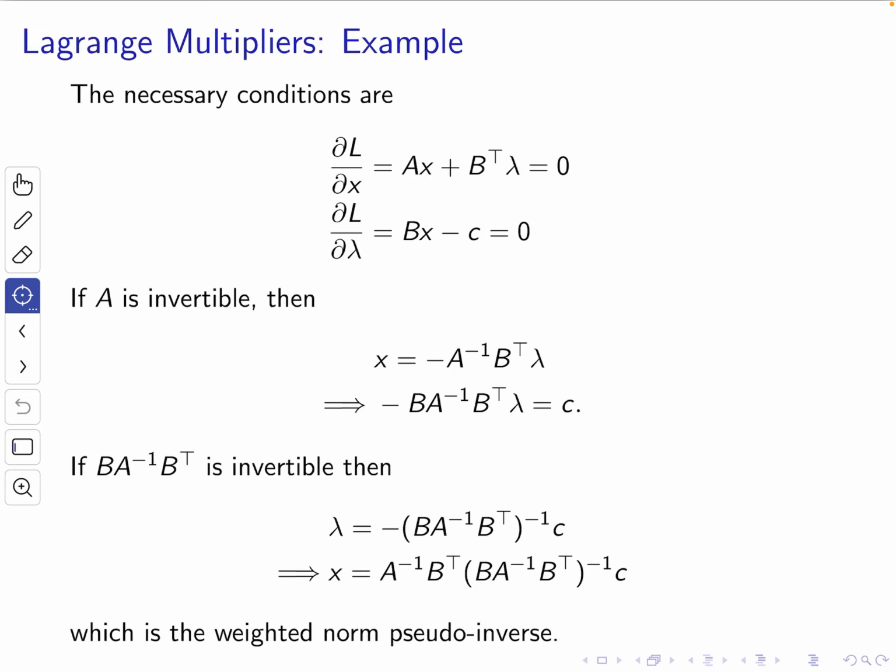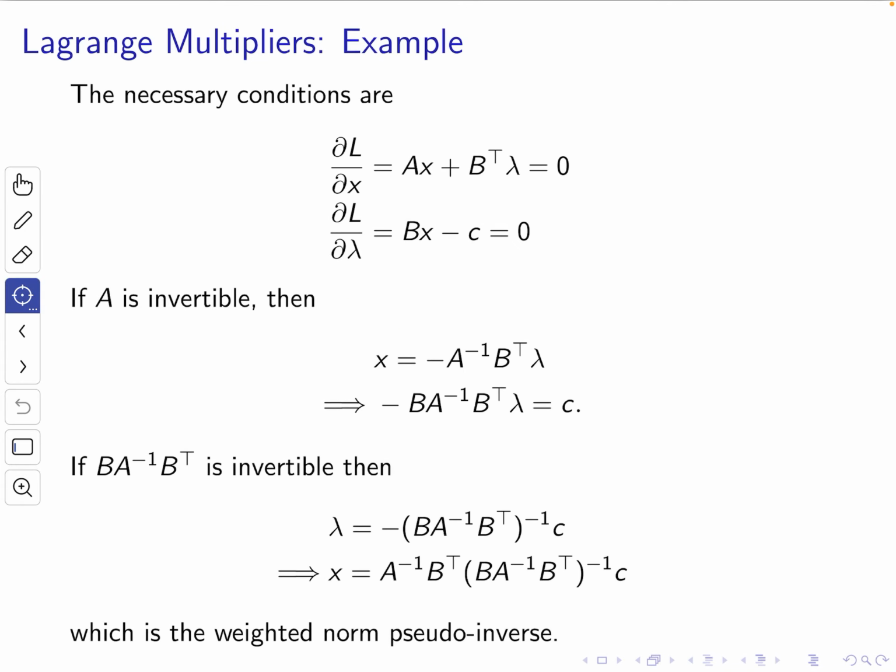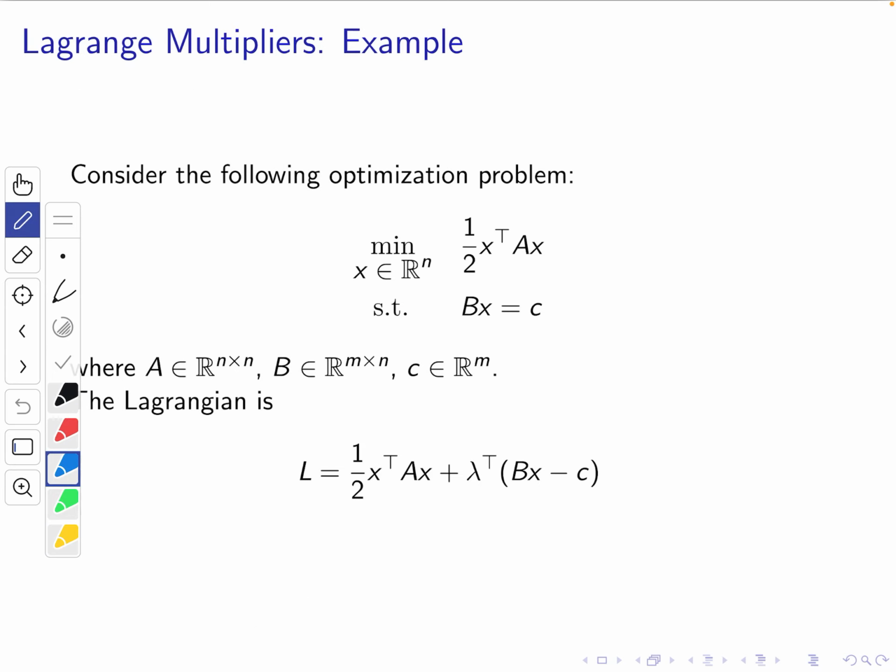And it turns out that this looks like, remember, your least squares. If I come back here, notice that if A equals identity, then this is 1/2 norm of x squared, and we're solving a min norm problem.